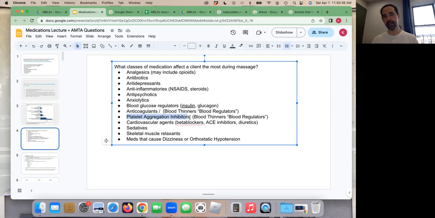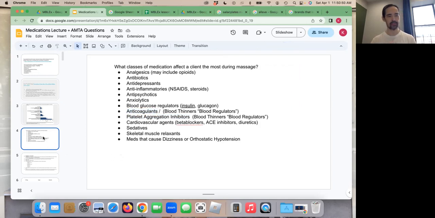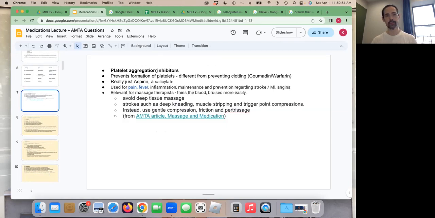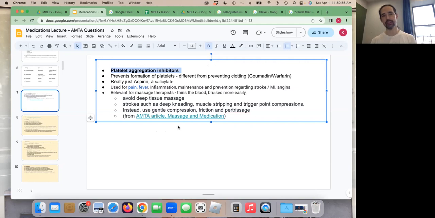One is a platelet aggregation inhibitor. That's also salicylic acid or aspirin. I believe that is warfarin or Coumadin. And the other is an anticoagulant. And we'll talk about that. I don't remember off the top of my head what name that is, but we'll talk about that soon. So first we're going to talk about platelet aggregation inhibitors.